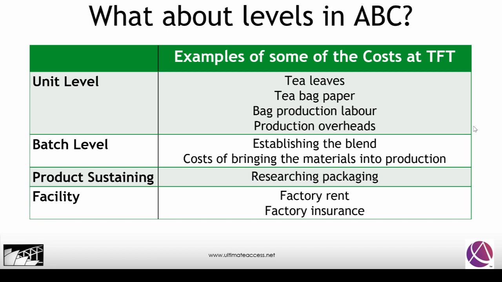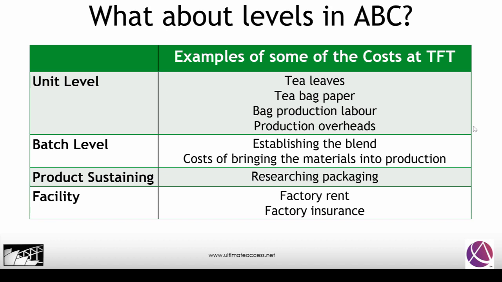So at the unit level, we're looking at tea leaves, tea bag paper, the bag production labour, and the production overheads that we incur at that level of producing the tea bags. But when we go to the batch level, then those overheads that we incur establishing the blend, they are at that batch level. They are a higher level of cost pool. Another one would be the cost of bringing the materials into production.